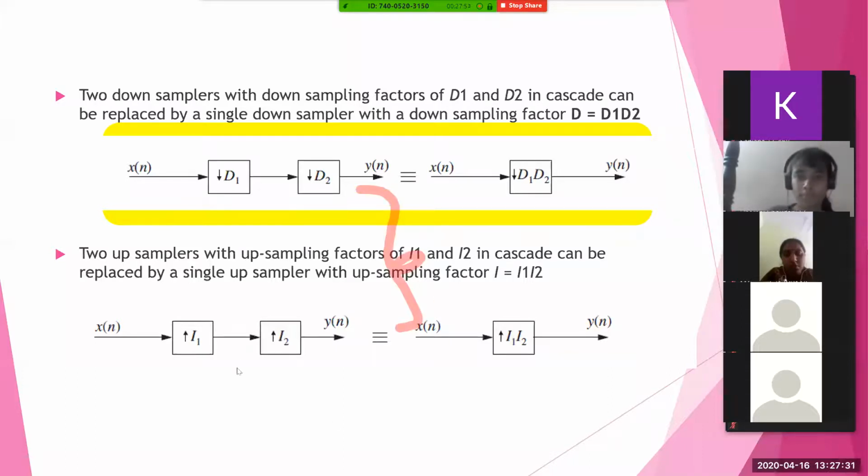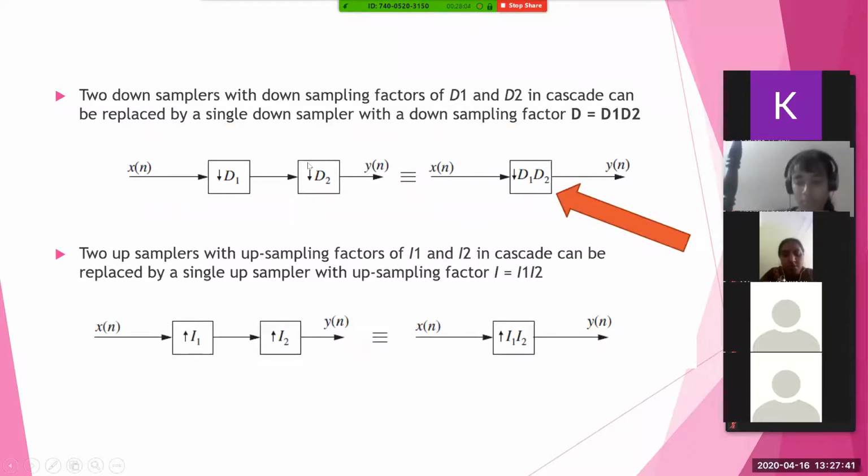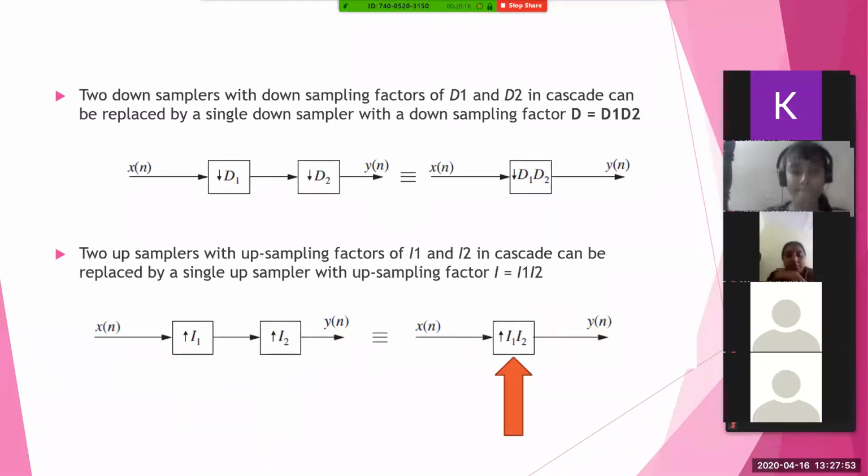The same goes for interpolators as well. Whenever we have two interpolators, a first interpolator and a second interpolator, in cascade, you can replace them by their product here.